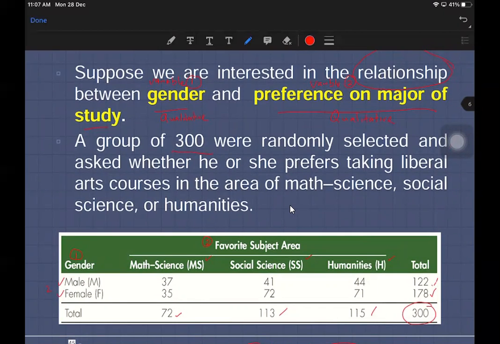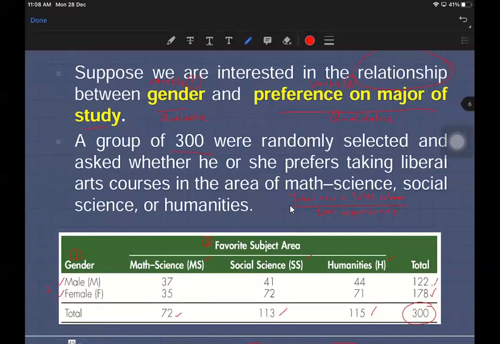So the formula will be total of row times total of column, divided by total respondent.